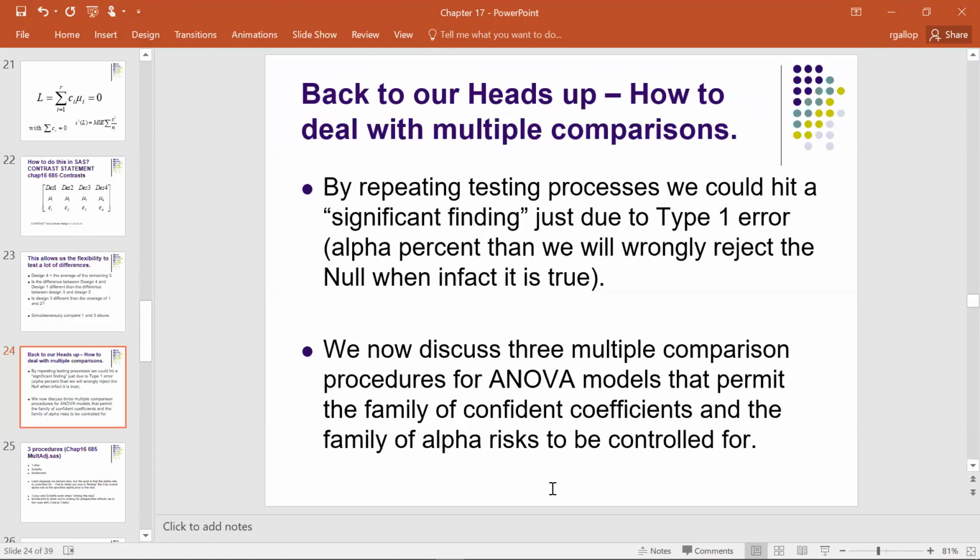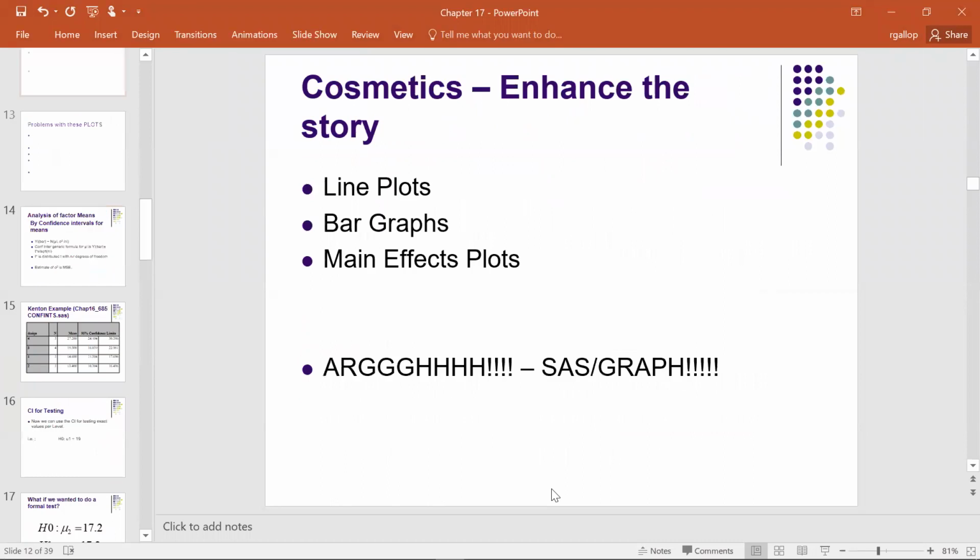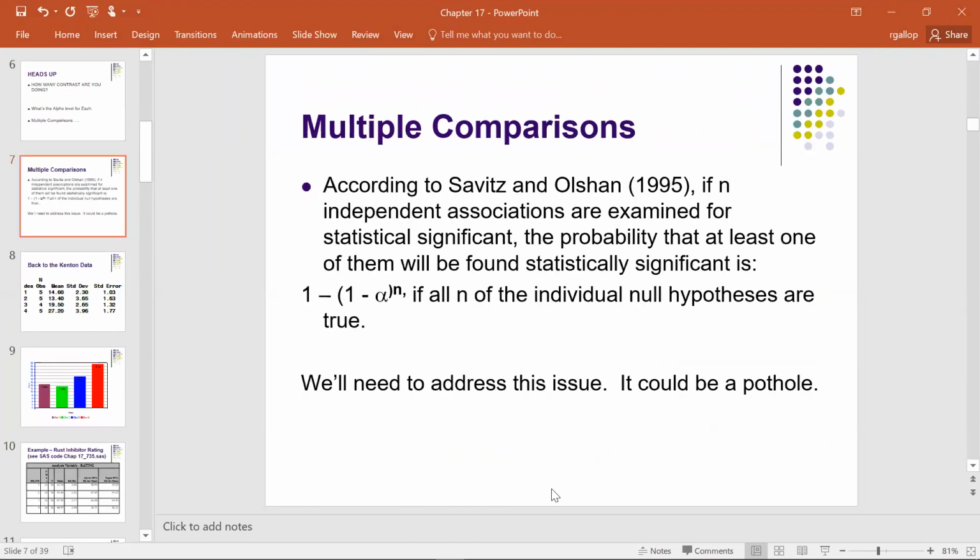And remember, we saw last week how the probability of type 1 error went up as we did multiple tests. But the big component of that topic, as we saw before, was that we were talking about independent associations. You see that with the Savitz and Olshan line right here.